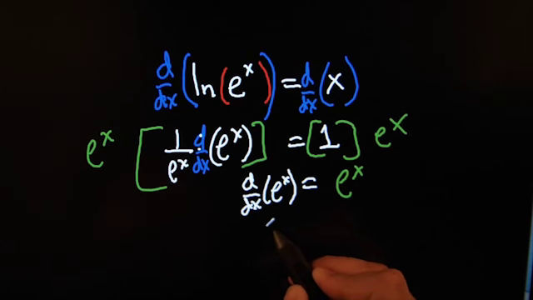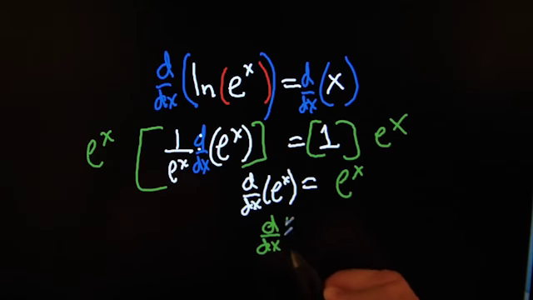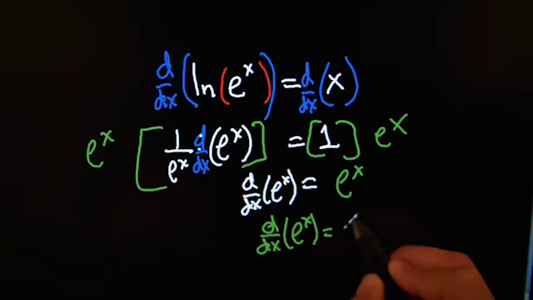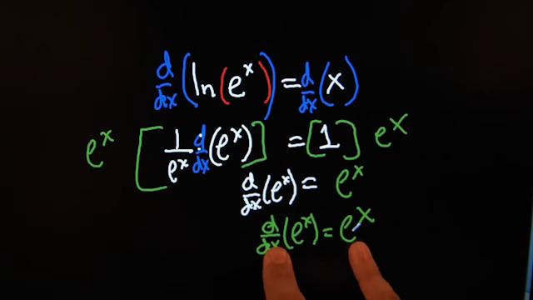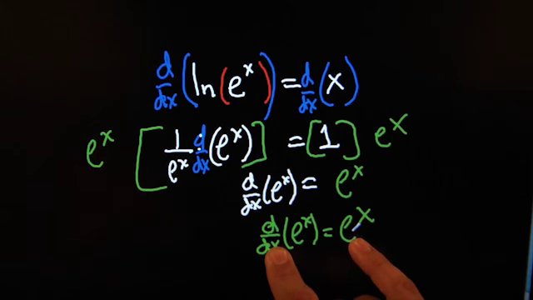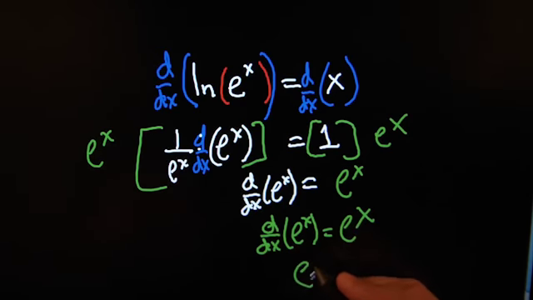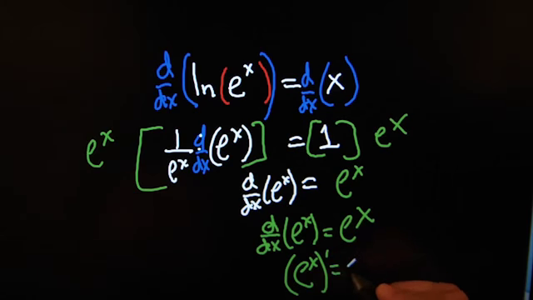And it leaves you with the amazing statement that d/dx of e to the x is equal to e to the x. One of the few and privileged functions that turn out to be their very own derivative. The derivative of e to the x is, my friends, e to the x. Timeless. Super, super timeless. I told you.